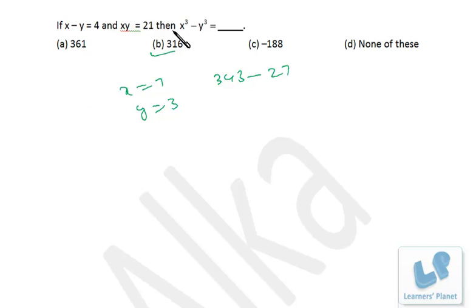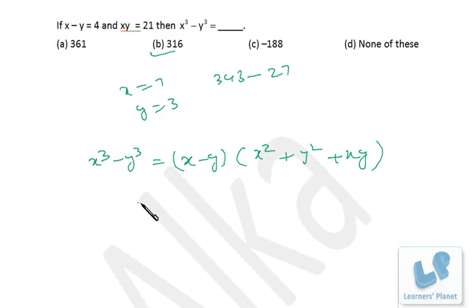what you can do is, x cube minus y cube is actually, it's a bit lengthy method, but I'll explain it. It's x minus y times x square plus y square plus xy, right? So that's x minus y. Further, we don't know the value of x square plus y square, so I'll be writing x minus y whole square, and in the expansion of this I'll be getting minus 2xy, but we don't have minus 2xy over here, so I'll add 2xy.